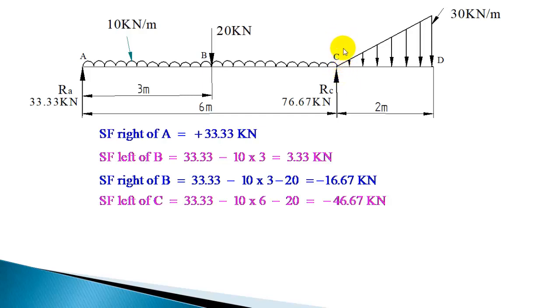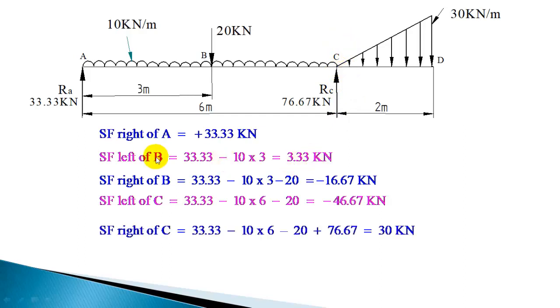So you can take all these forces including this point load at C, that is the summation immediately right of C. So you will get 33.33 minus total UDL 60 minus 20 plus 76.67, which will give 30 kilonewton. So immediately right of C is 30 kilonewton.